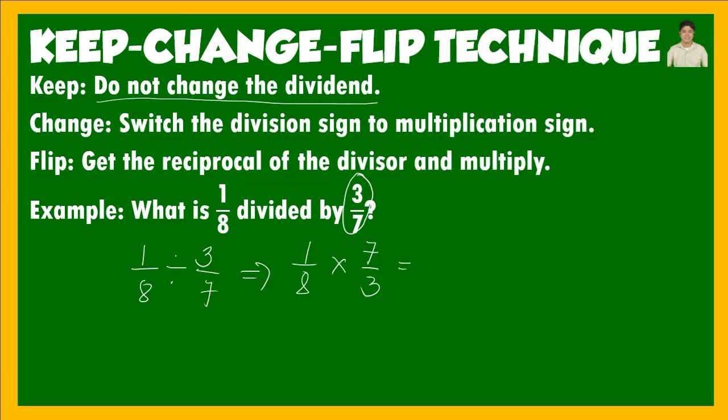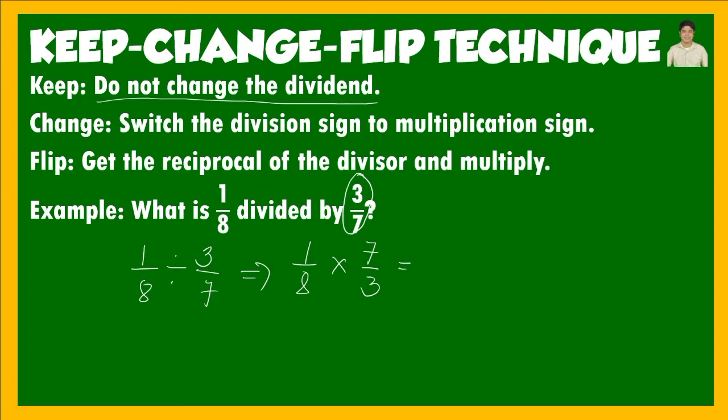Now, let us multiply. We can use the cancellation method if there are common factors, meaning we find a GCF. If there are none, simply multiply the numerators over the product of the denominators. In this case, there is nothing to cancel. 1 and 3 cannot be cancelled, same with 7 and 8.